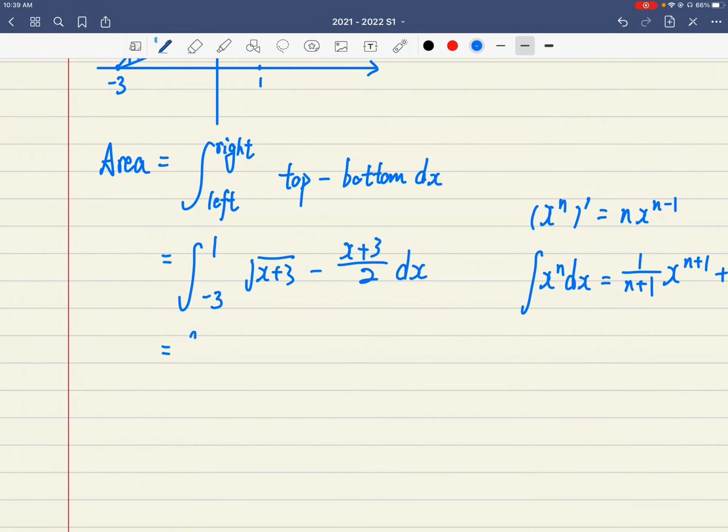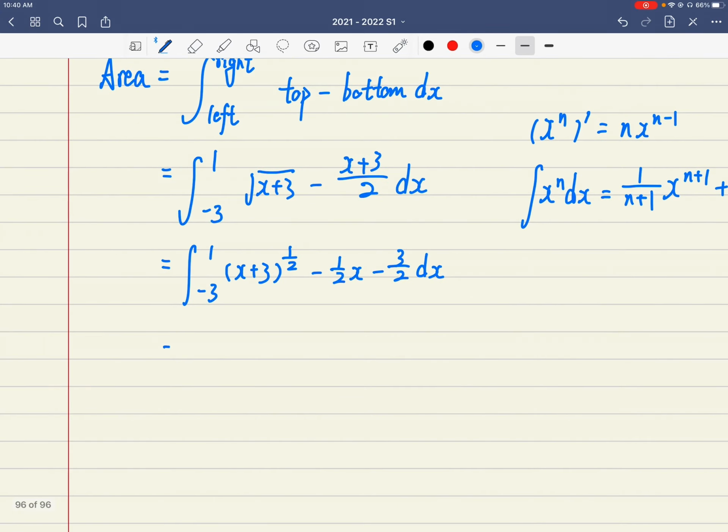All right, let's write it down. It's the integration of x plus 3 to the power of half, for the square root, minus half x, minus 3 over 2. When you integrate this part, the power will be half plus 1, so it will be 3 over 2.